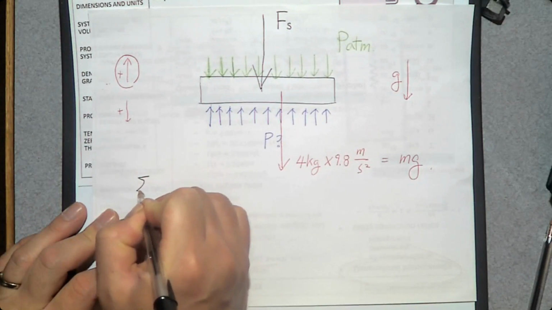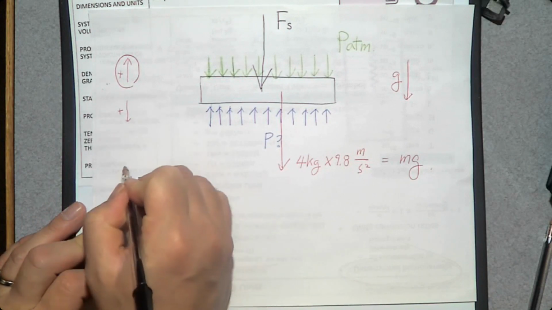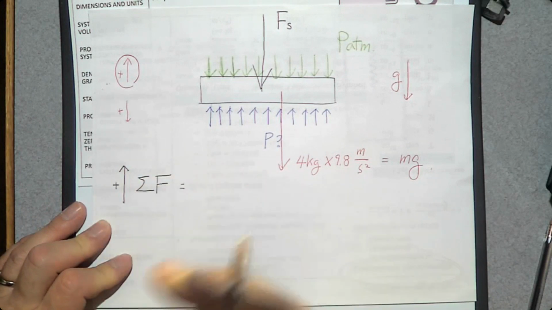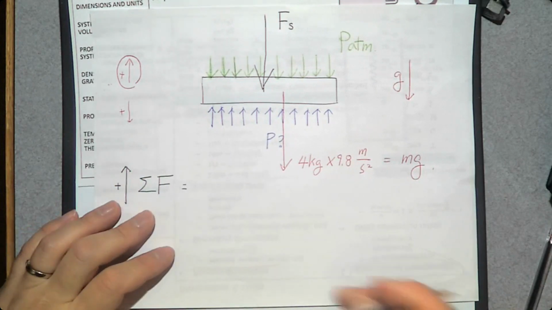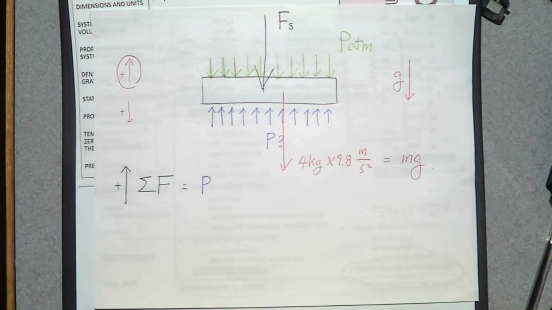The sum of all the forces acting on this piston, assuming upward direction is positive. And what do we have? First, this pressure by the gas, the unknown P. So I can write unknown P here.